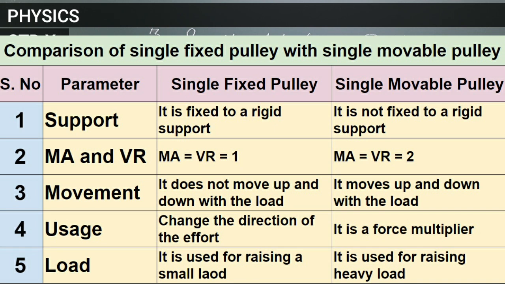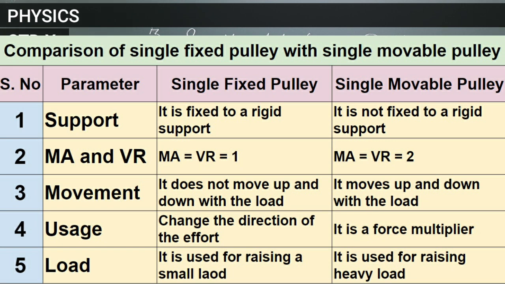When it comes to usage, a single fixed pulley is used to change the direction of effort. But a single movable pulley is used as a force multiplier as it doubles the effort we exert. Earlier we saw that the velocity ratio and mechanical advantage of a single movable pulley is 2.